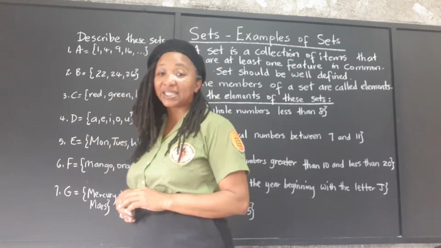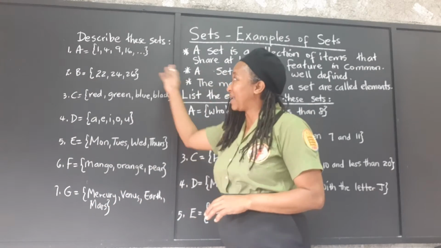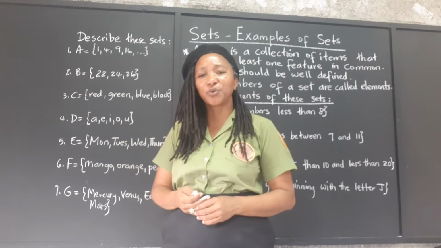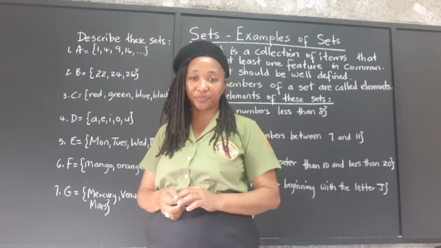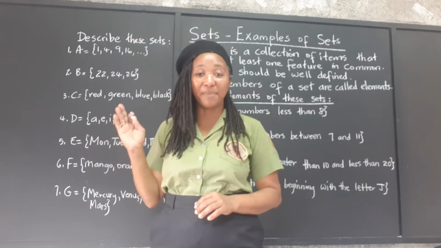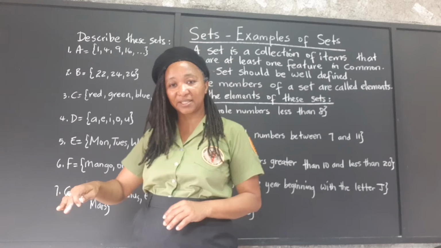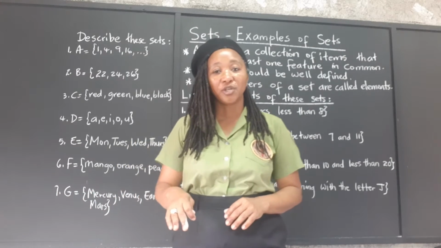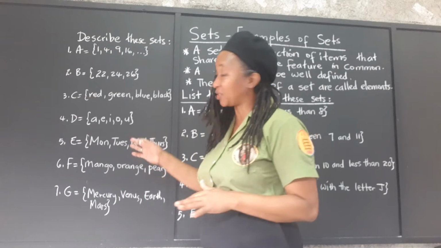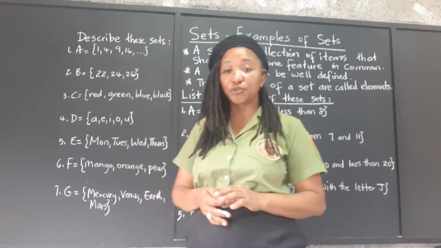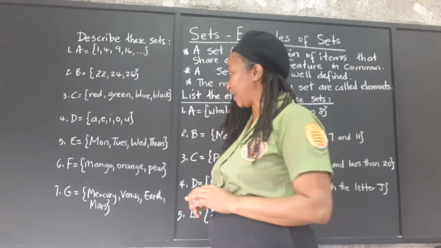In the second activity, the elements are listed and we are to figure out what would be a good description for this set based on the elements. Now, there is no hard and fast description. Once you're within a certain range based on the elements given, several descriptions can satisfy.